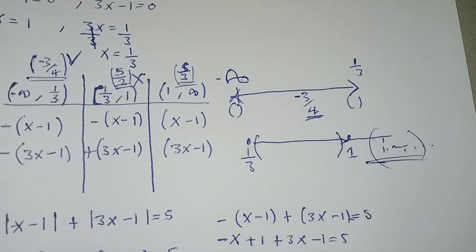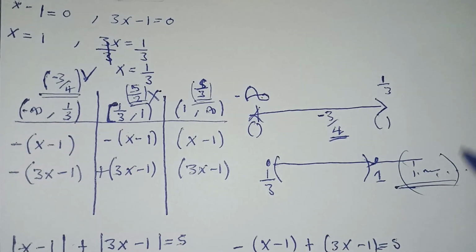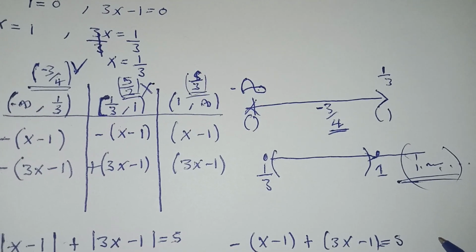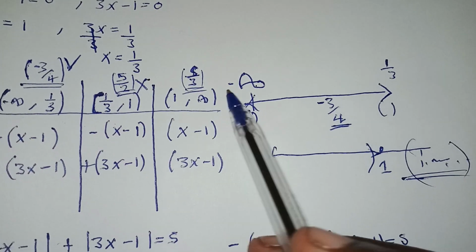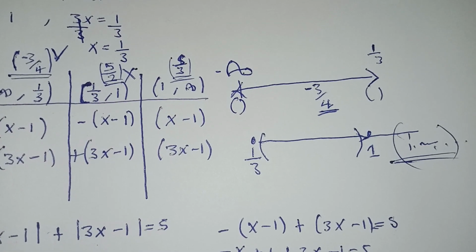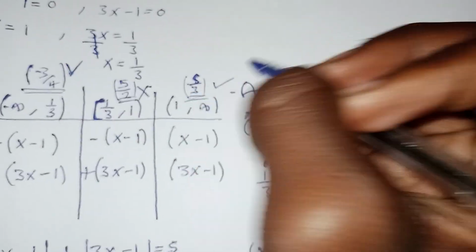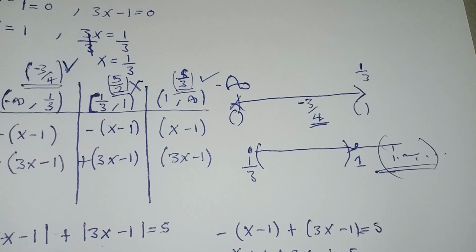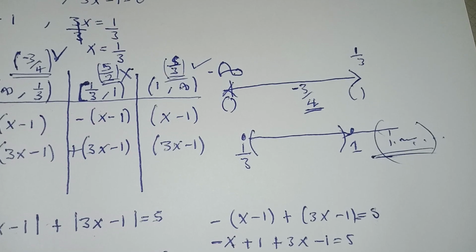So since we had 5 over 3 here as some value, 5 divided by 3 is simply 1 point something. And 1 point something is going to be found between those values, meaning this one is also going to hold. It's also going to be some value. Okay? That is if you solve it the right way.